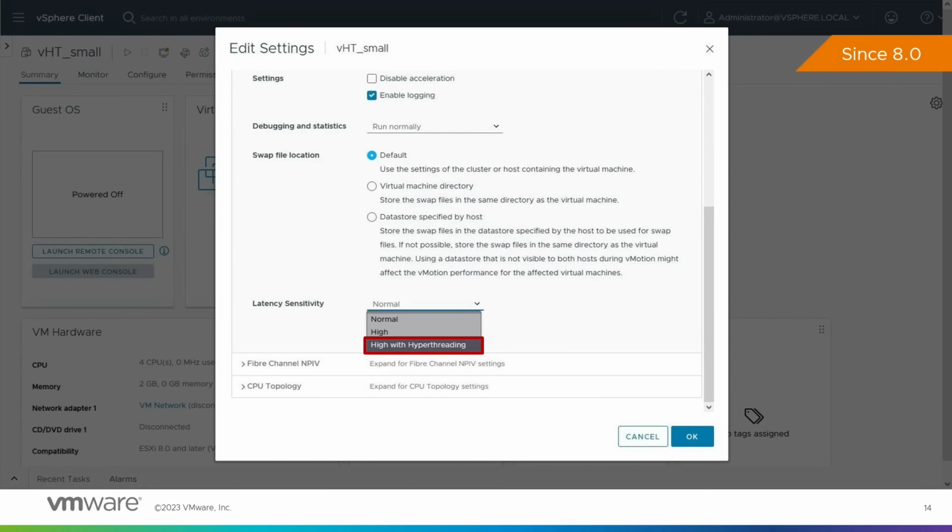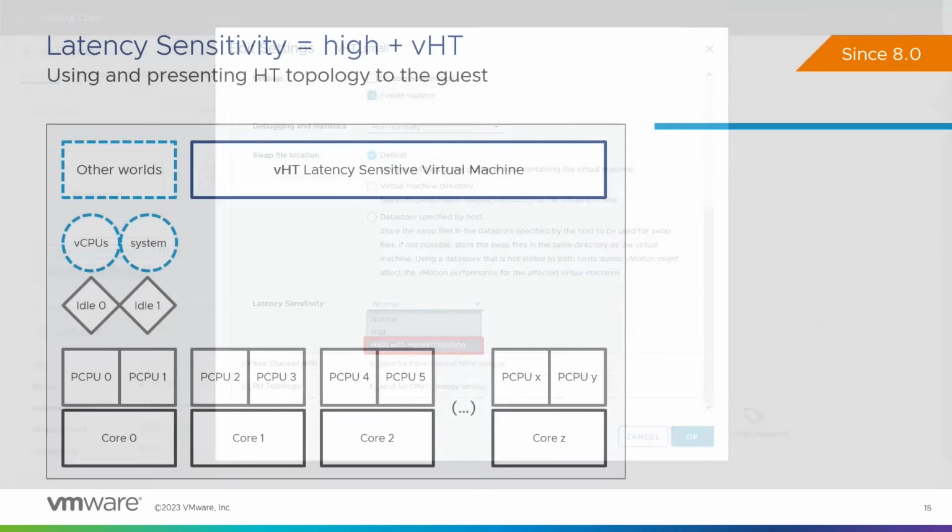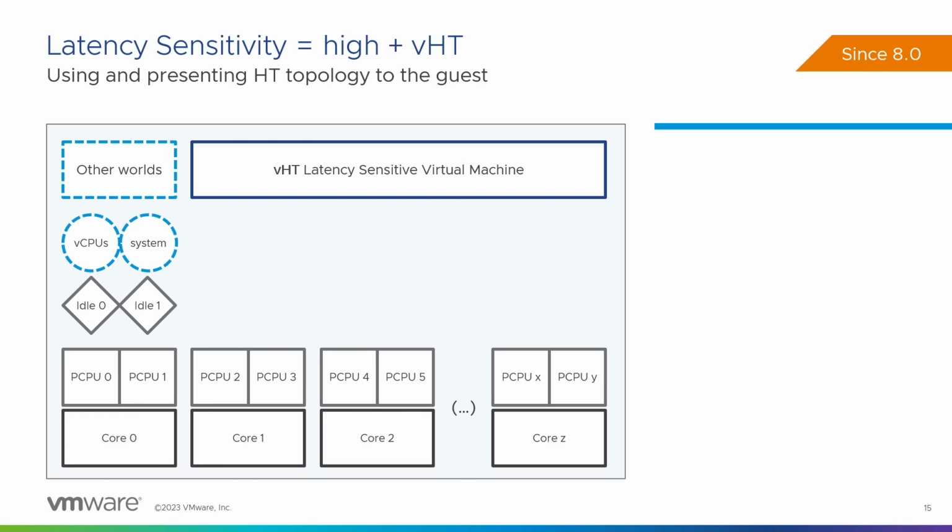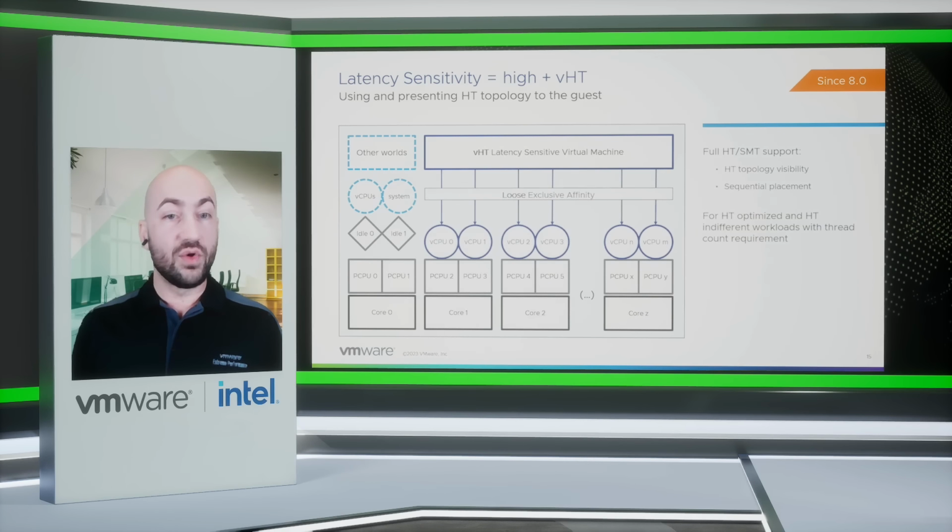In 8.0 GA, we introduced latency sensitivity and hyperthreading. One of the comments of some of the providers was, hey, we want to use hyperthreading because it gives us capacity. We optimize for it. And they're perfectly right. Now, what we introduced was the ability to present the exact underlying hardware topology through to the guest.